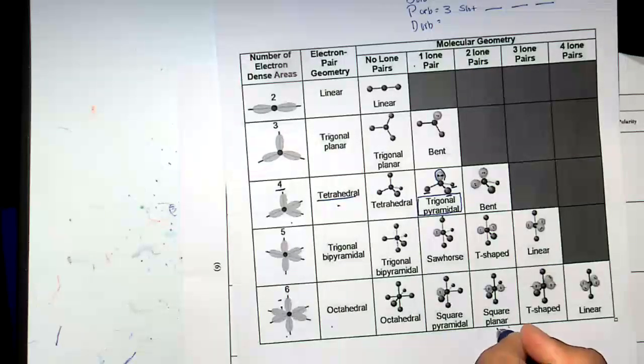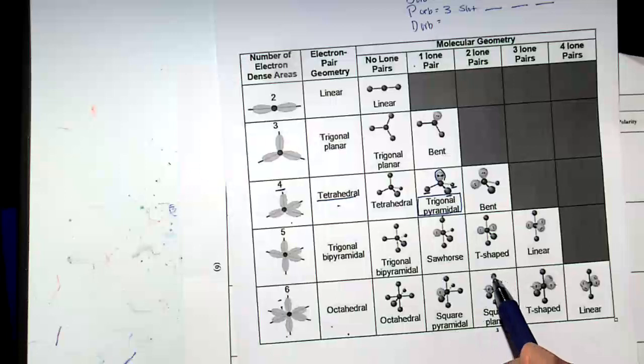Square planar. Very good. Whoever said that. Was that you, Blake? Okay. 6 bonding, but out of those 6, 2 are lone pairs. So those 2 lone pairs distort the structure, making it square planar. I have one going up, one going towards you, one going behind you, one on the plane of the paper, one on the plane of the paper.